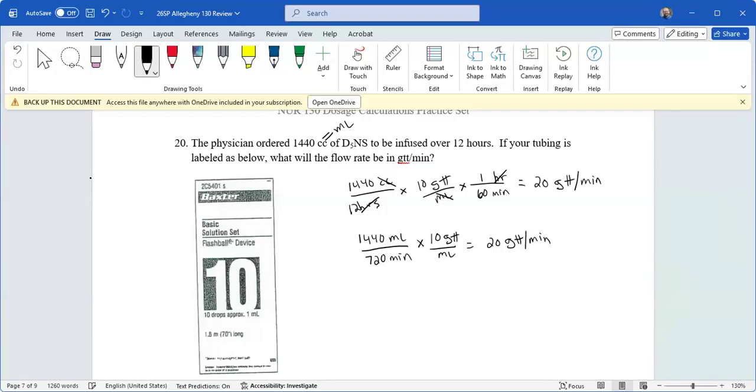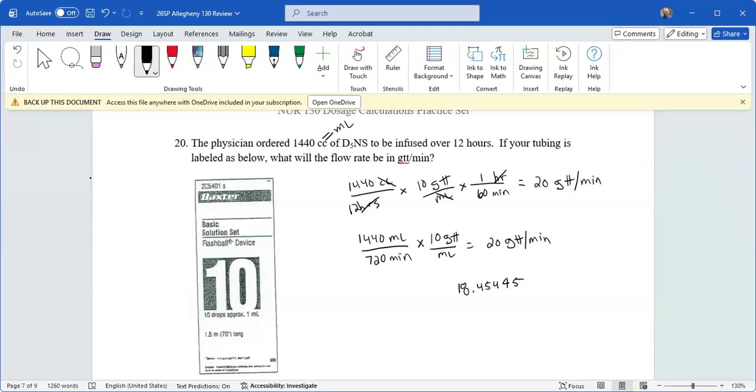Now, something that might happen: let's say you get an answer of 18.45, 45, 45, it just keeps repeating. Can I give somebody a partial drop? I cannot.